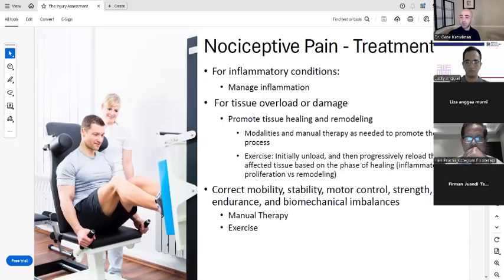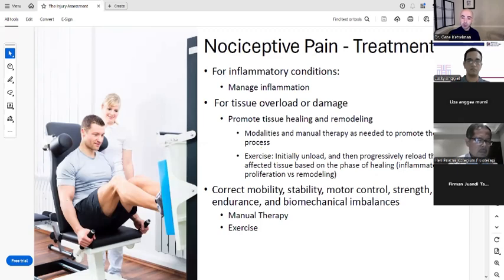You're going to either, whether it be medications or nutritional strategies or movement strategies, but the point is your whole goal is to reduce the inflammation. For tissue overload or damage conditions, you want to promote tissue healing and remodeling. So modalities in manual therapy can be used as needed to promote the healing process.